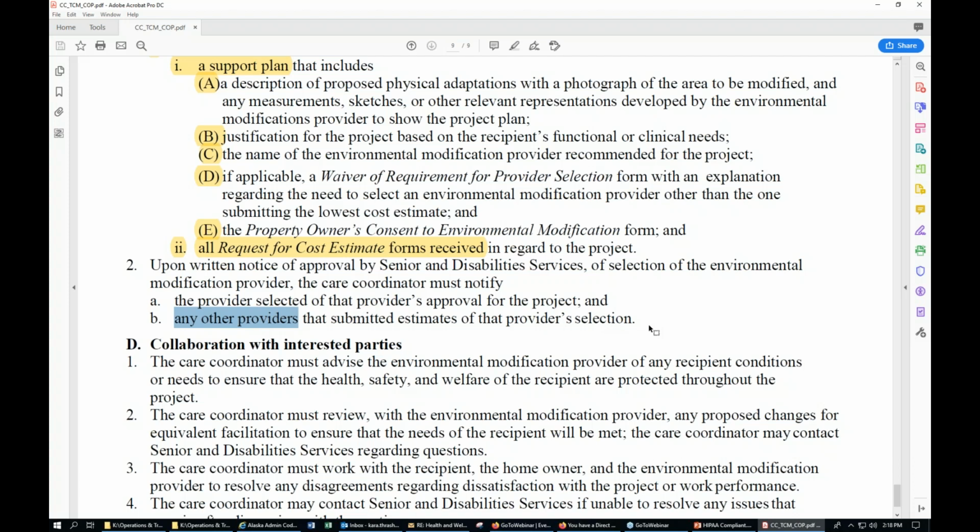You can tell the ones that were not selected that they were not selected. And it's usually not a whole lot of ones that submitted. You don't have to contact providers that didn't submit anything, right? So maybe of all the 8, you maybe get 2. 2 submitted, 1 was chosen. Something like that.